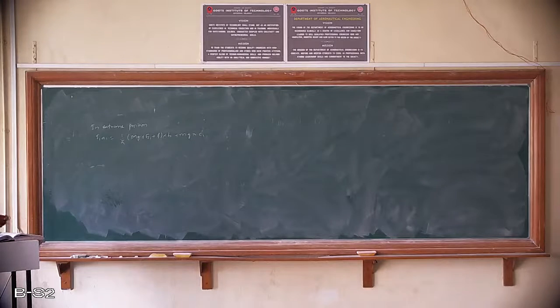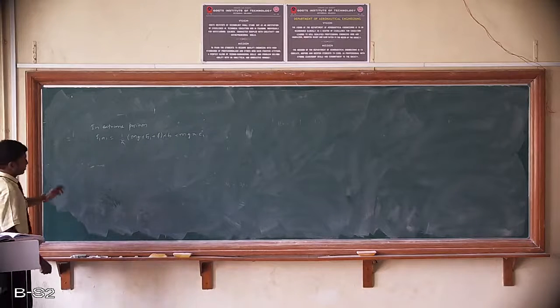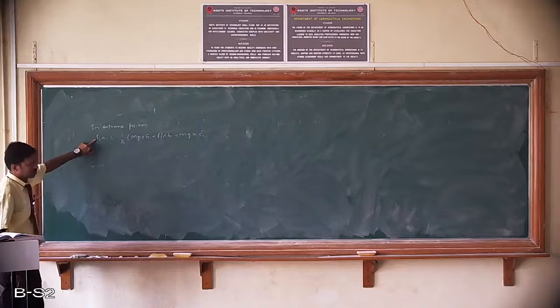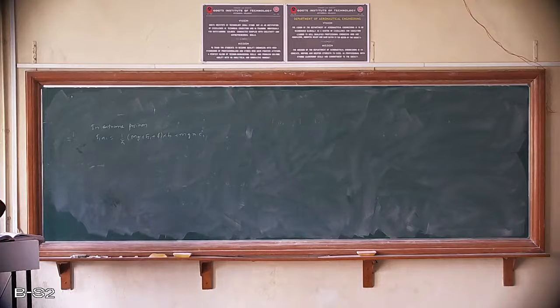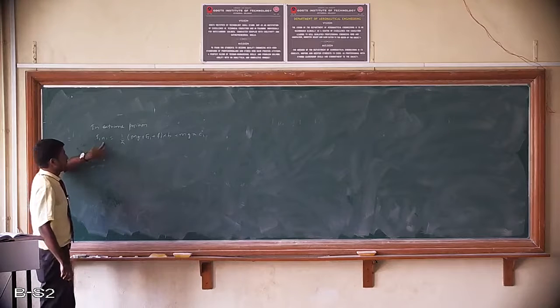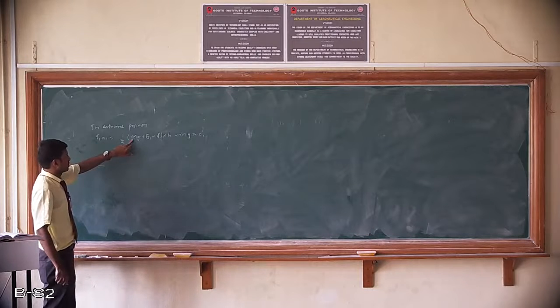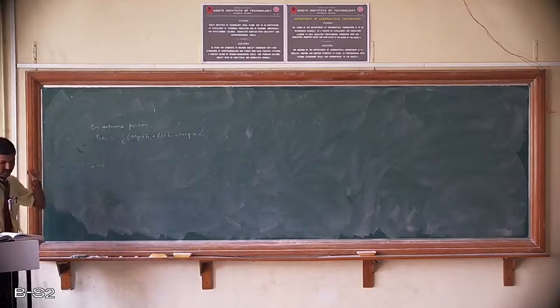As in this particular problem, observe whether we have all the values or not. F1 value we have already calculated, or we can calculate it by using the equation m r omega square. A1 value we have already calculated.